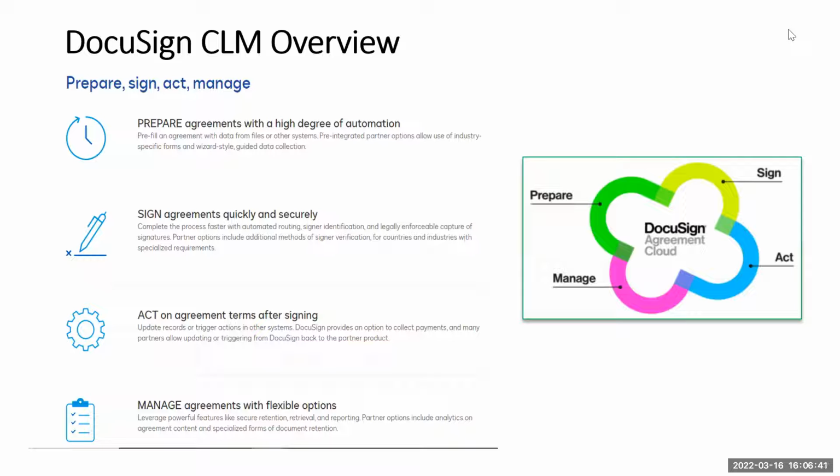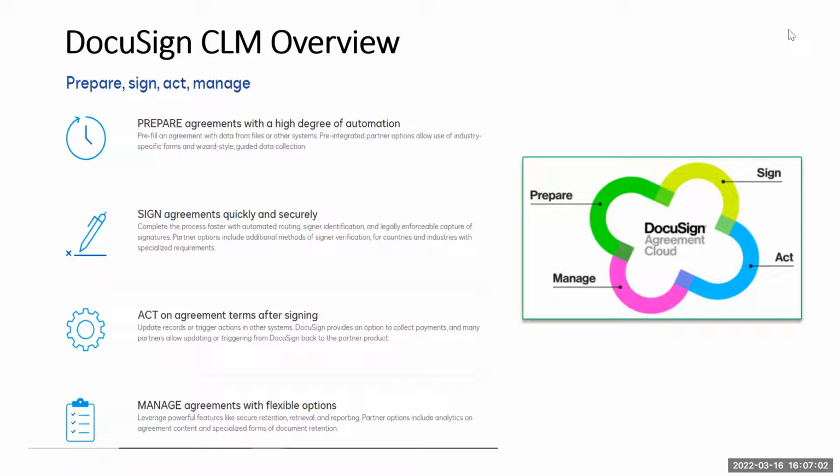Moving on to the next one, which is sign. DocuSign is tightly coupled with DocuSign eSignature, which allows the user to send the agreements or contracts electronically to get them electronically signed. The signed copy also gets back to DocuSign CLM.